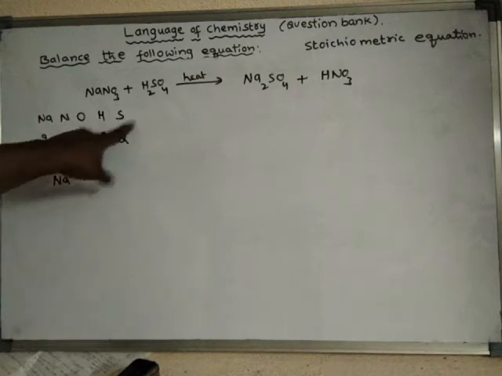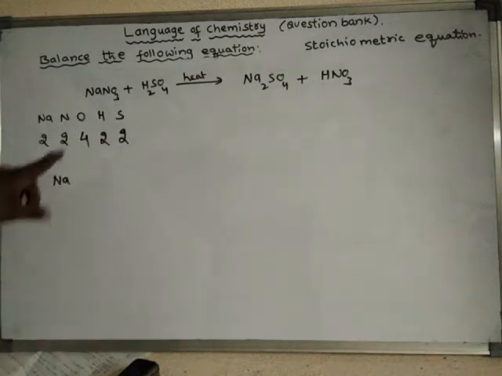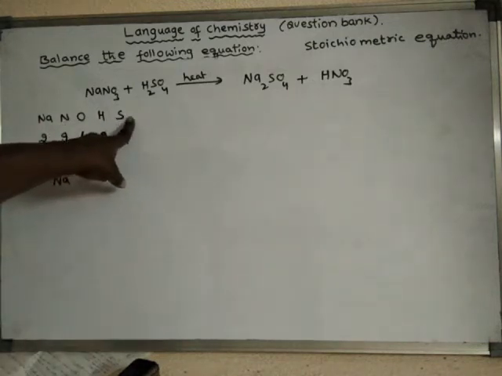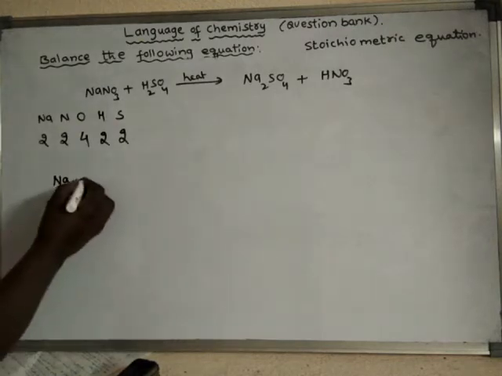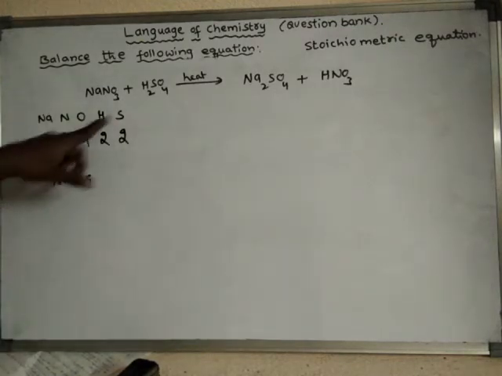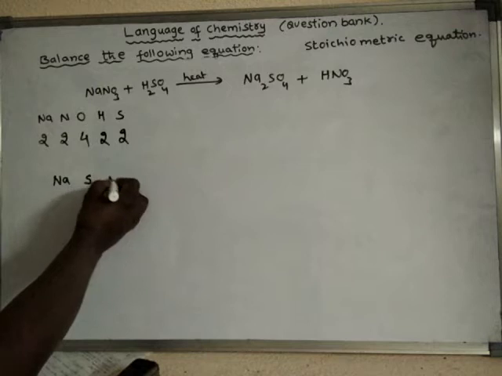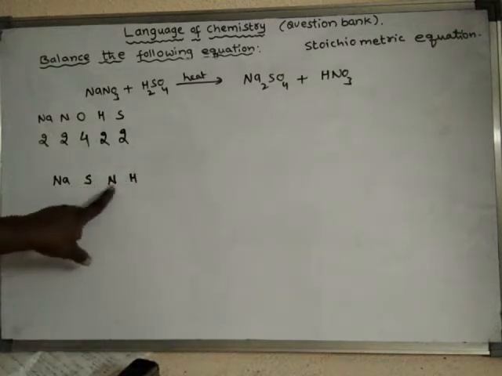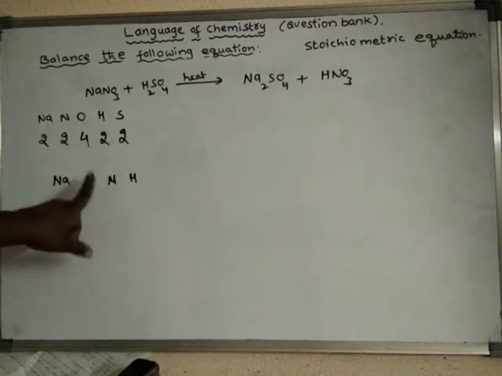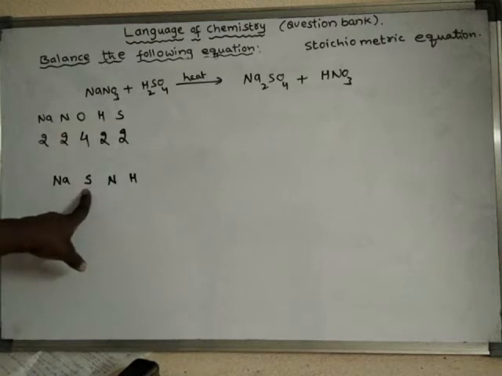Out of these 3, which non-metal has the highest atomic number? Sulfur's atomic number is 16, hydrogen's atomic number is 1, whereas nitrogen's atomic number is 7 only. So we have to write sulfur first, and after sulfur, write nitrogen, and after nitrogen, hydrogen. Because these 3 should be arranged in such a way that the element with the highest atomic number is written first.